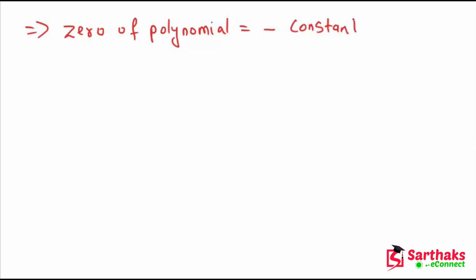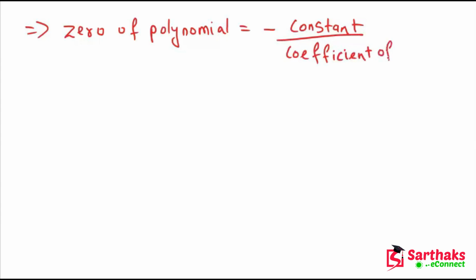So now we can write it like this. The zero of a polynomial is equal to minus the constant divided by the coefficient of x.